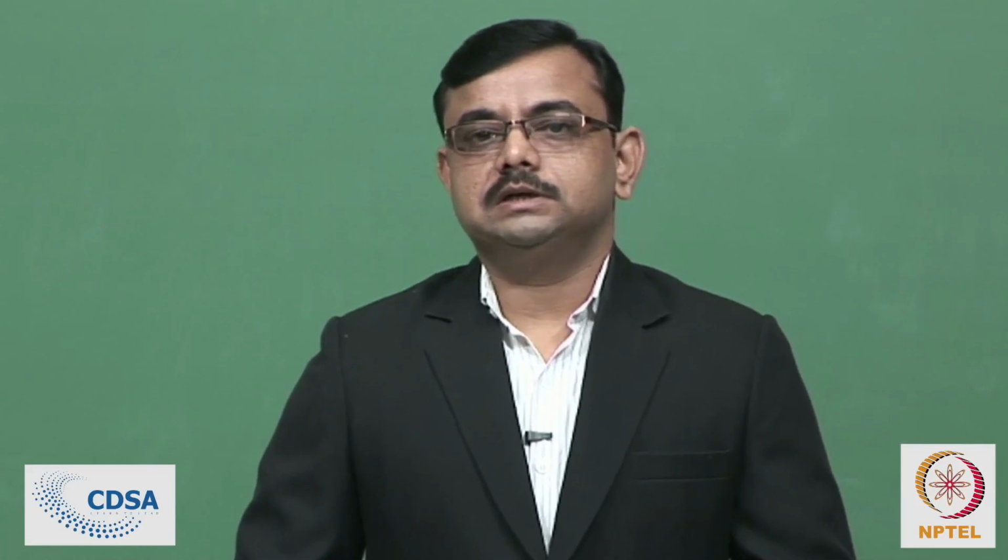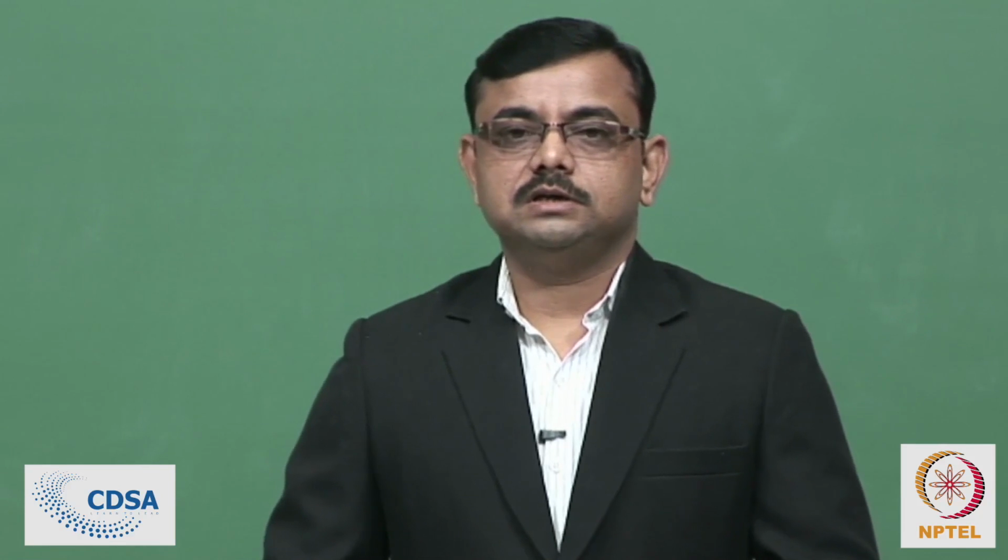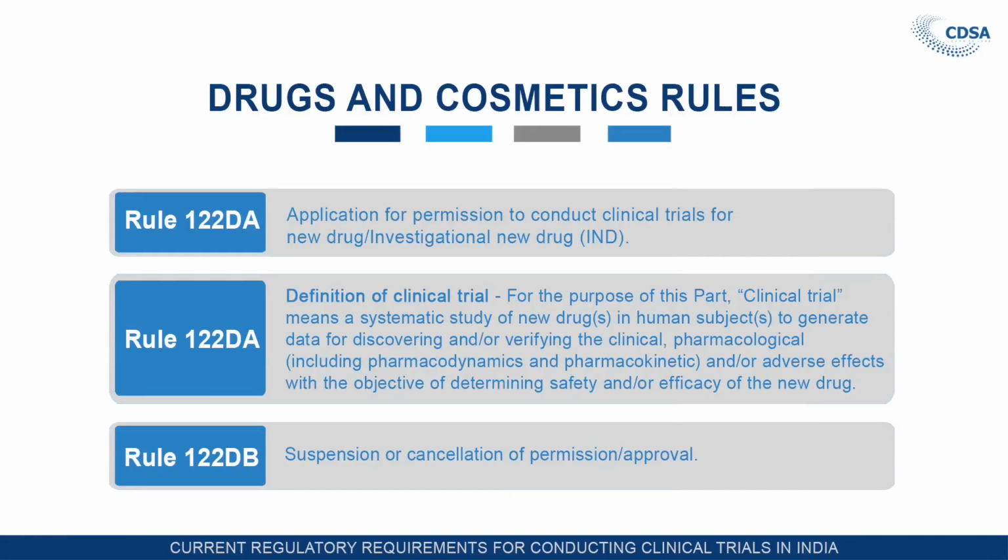We have seen in our first lecture that academic clinical trial, that is for research purpose, does not require any regulatory permission. That is also mentioned in this rule. Then the definitions of clinical trials, GCT, IND, NCA are also given in rule 122DA under the heading explanation.